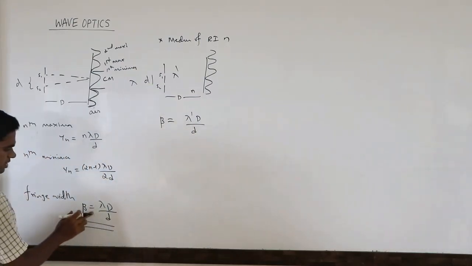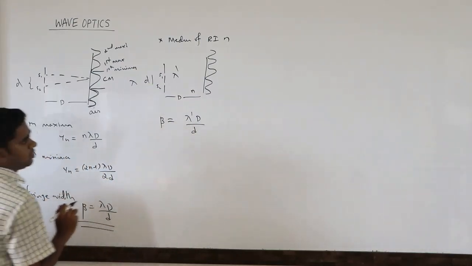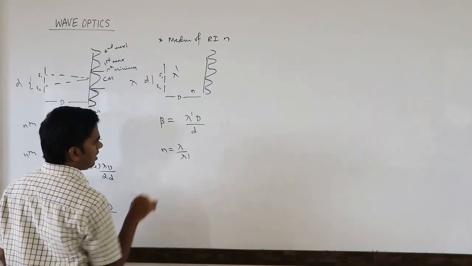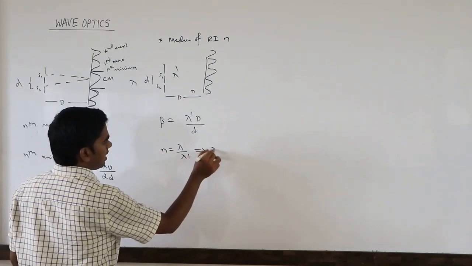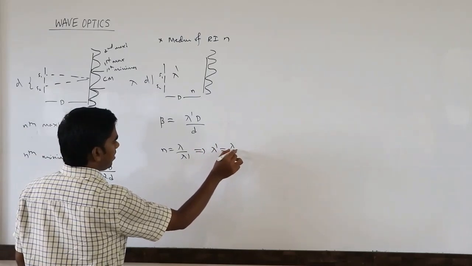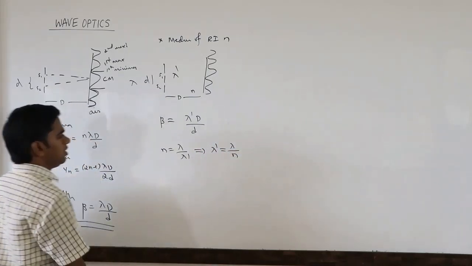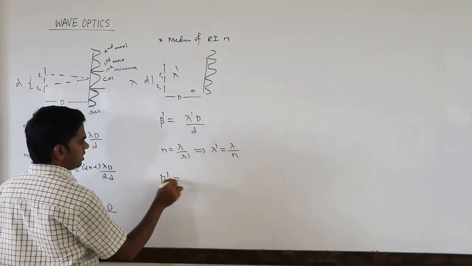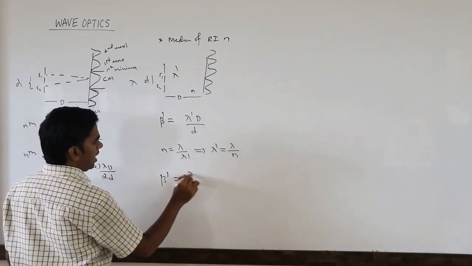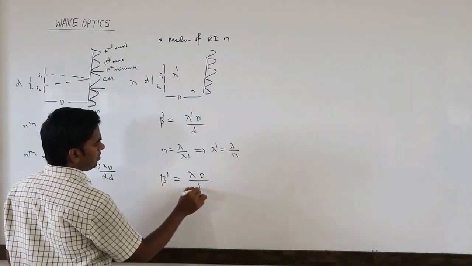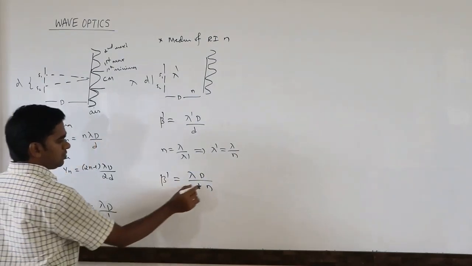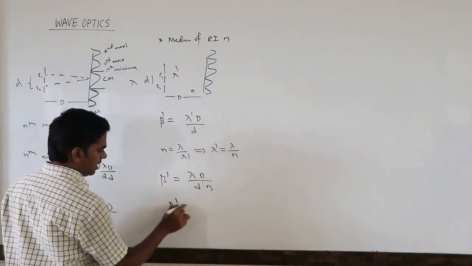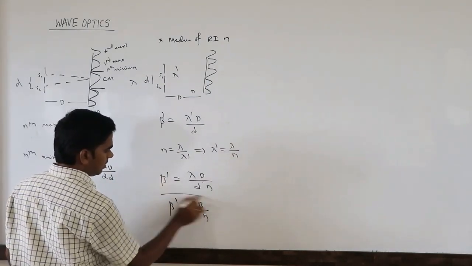Before, the fringe width was lambda D divided by d. We know refractive index n is lambda divided by lambda dash, so lambda dash becomes lambda divided by n. Substituting this, the new fringe width beta dash is lambda D divided by d times n. This is nothing but the old fringe width, so beta dash is beta divided by n.